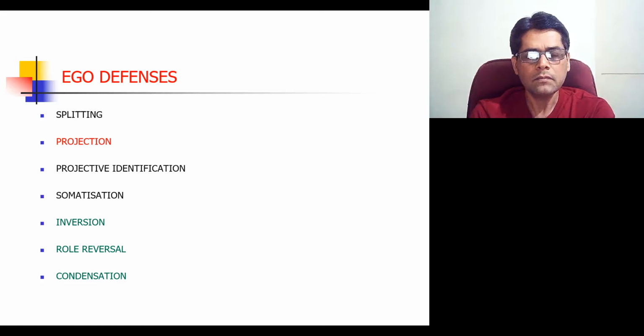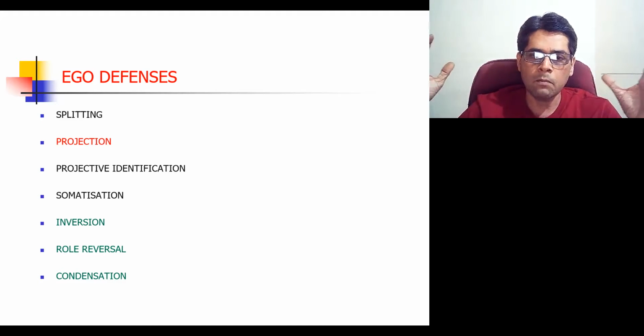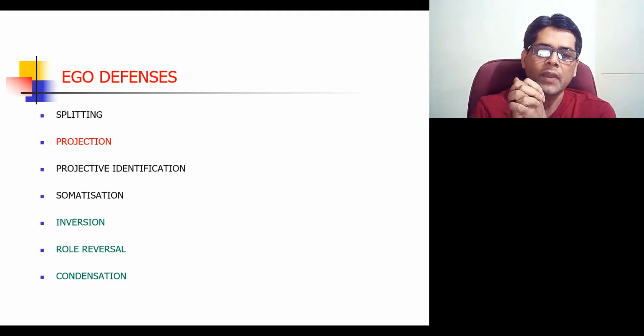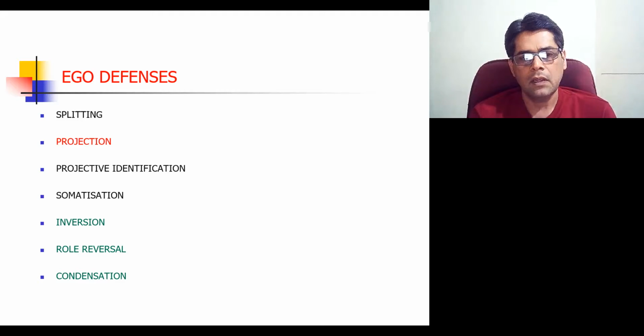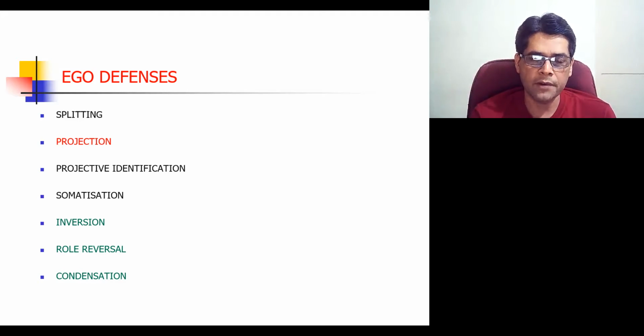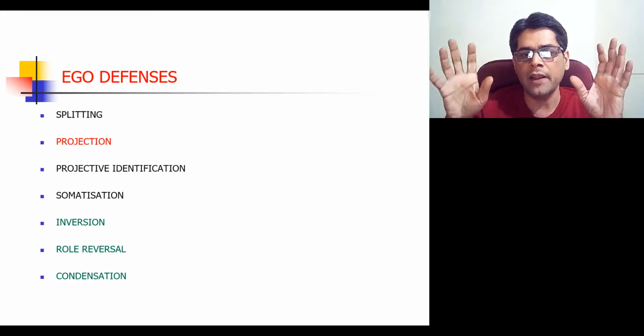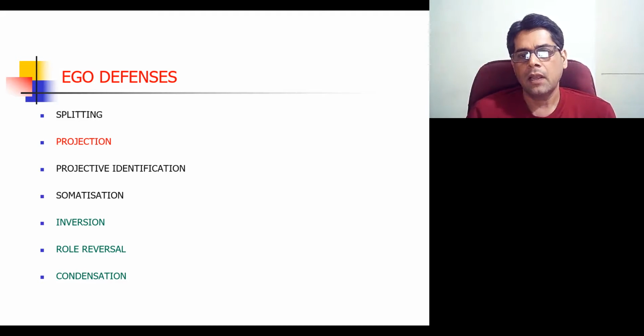Condensation. Condensation is a very complicated defense where two or more things are put together, and this is used very commonly in dreams. In dream analysis, one of the most difficult things to decode is the work of condensation. For example, I know of two people X and Y in real life.